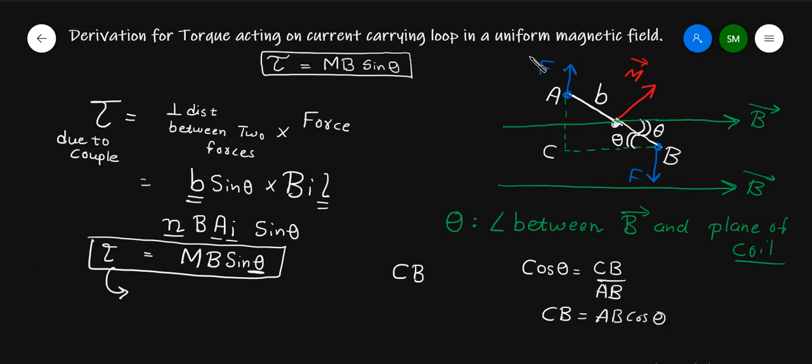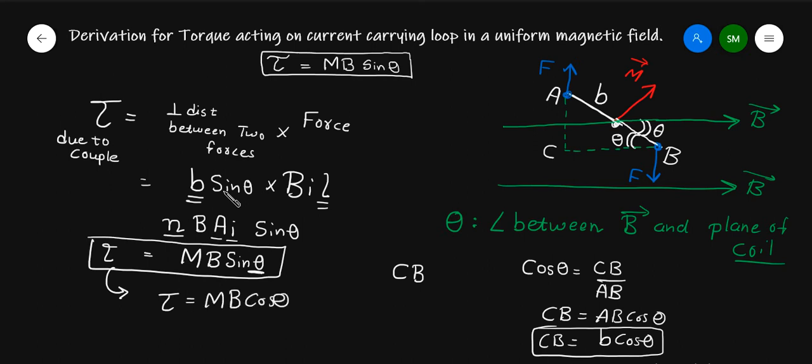AB is equal to small b, so CB is b cos theta. Earlier in this derivation, the perpendicular distance between the two forces was b sine theta, but now it will be b cos theta. So the final formula for torque will be mB cos theta.